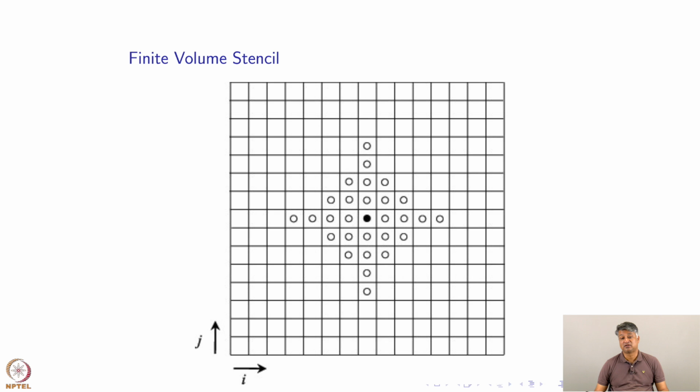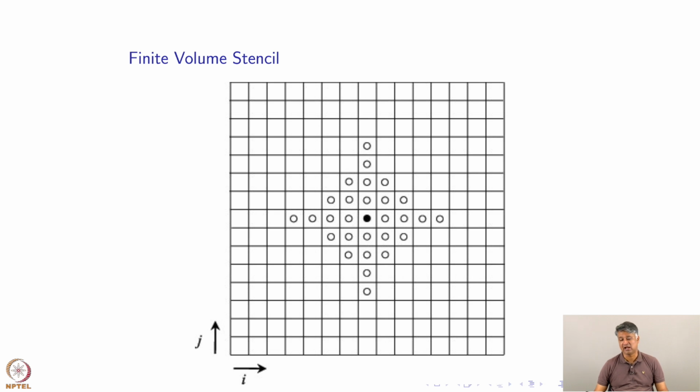Now, let us say we discretize this problem and the cell denoted by the black circle happens to be near a CPU boundary. Then the information that it needs to compute the higher order derivatives is now going to take the information from neighboring processes or neighboring CPUs.